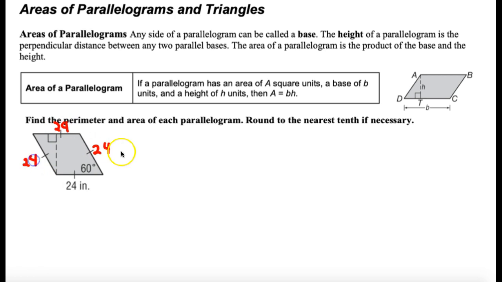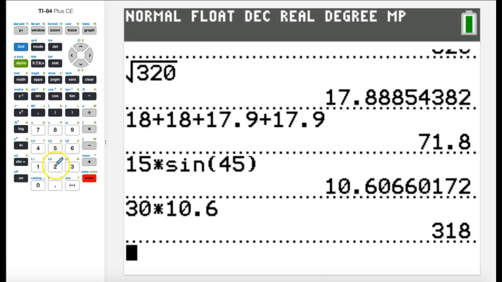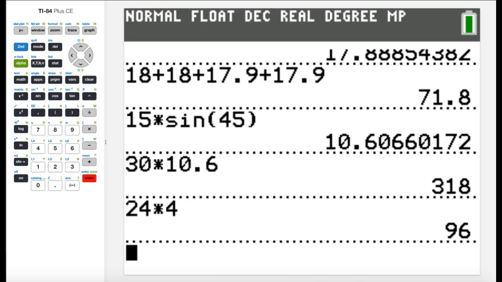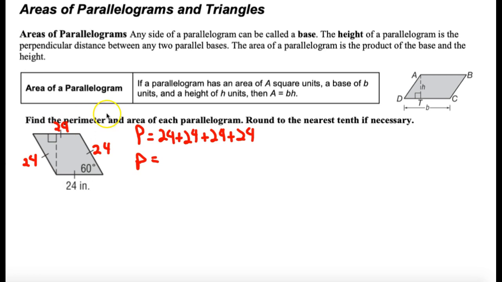So we can easily find the perimeter. The perimeter would just be 24 plus 24 plus 24 plus 24, which is 96. So 96 inches.